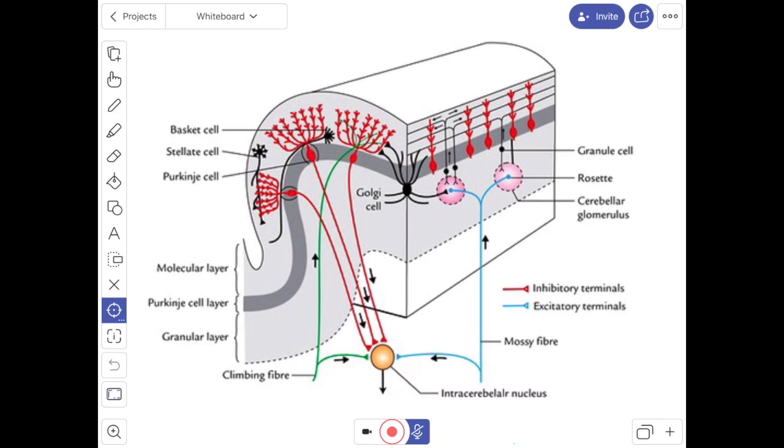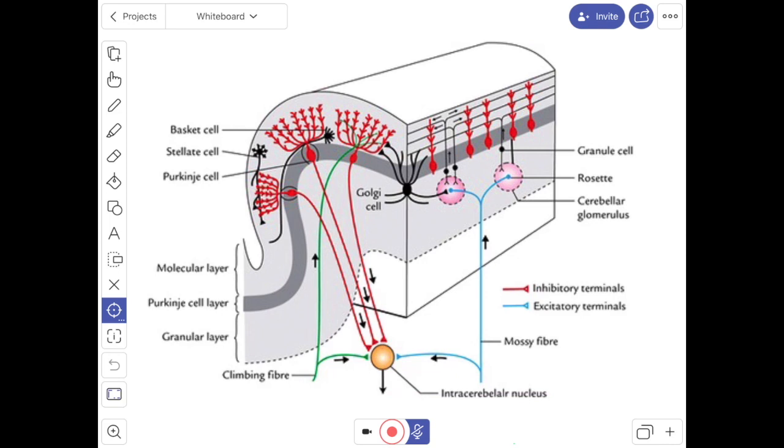The Purkinje cell layer is the intermediate layer. It consists of a single row of flask-shaped cells, the Purkinje cells. A dendrite arises from the neck of the flask and passes upward, and they undergo profuse branching to form an elaborate dendritic tree.